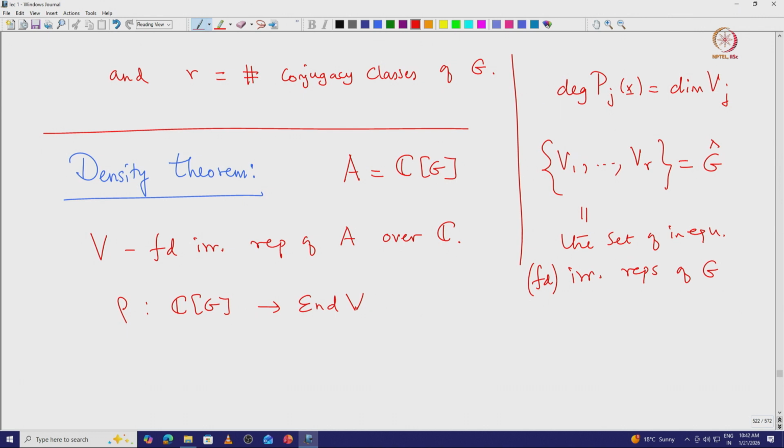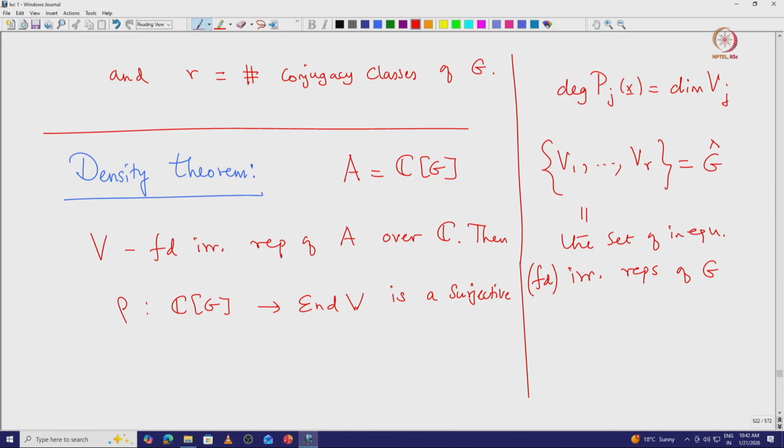Basically, the density theorem asserts that this map must be surjective. So, this map is indeed a surjective map. That is what the density theorem actually asserts.